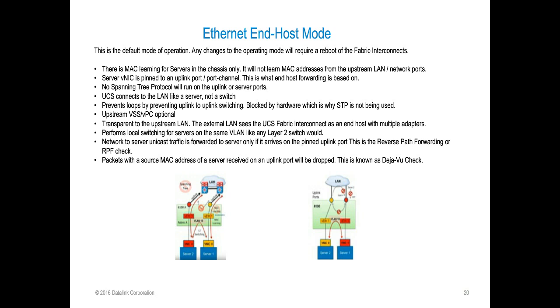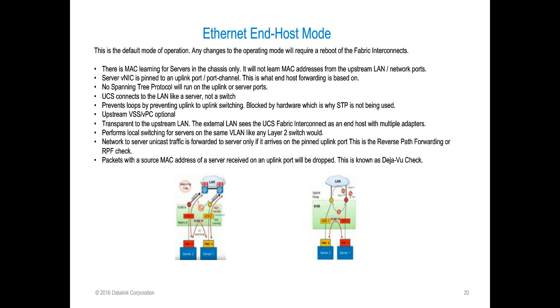Now, there is no spanning tree protocol on the uplink ports or server ports. And UCS connects to the LAN much like a server rather than a switch. It prevents loops by preventing uplink to uplink switching. It's blocked by hardware, which is why spanning tree is not being used.